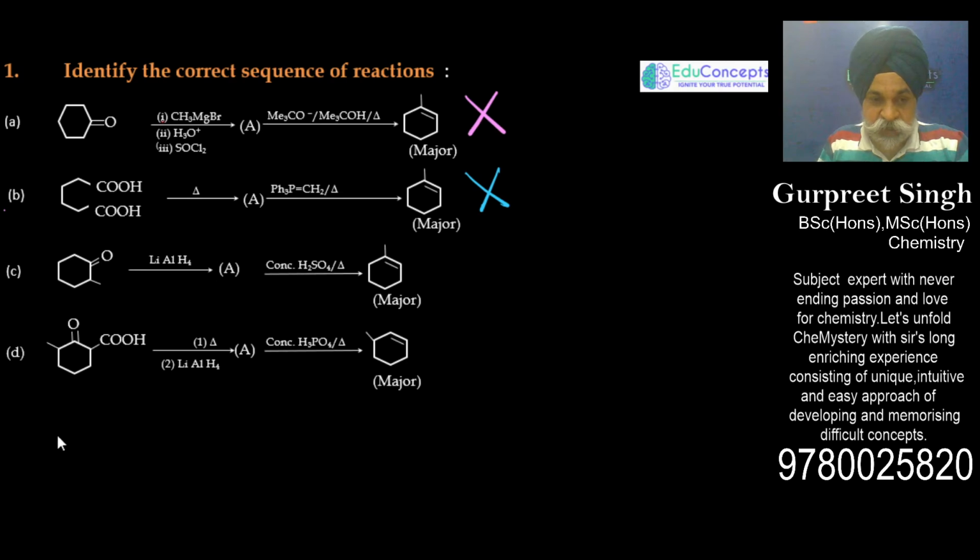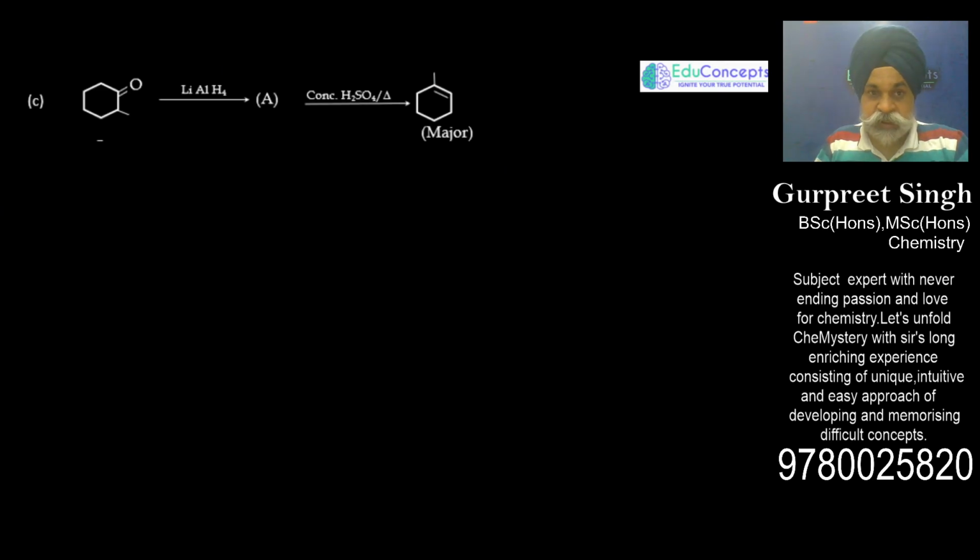Now next would be, let me show it here only, next structure. So next option C, you are using lithium aluminium hydride. Lithium aluminium hydride is actually a source of H negative hydride ion.